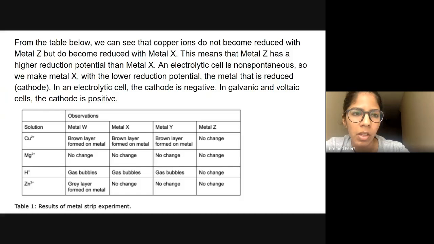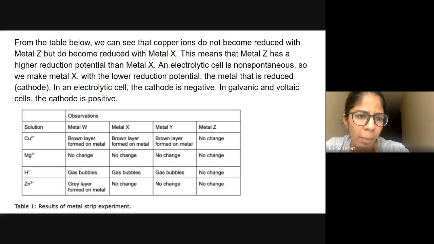The way they did this in the answer explanation was they took the two metals and compared them with one of the ions on the left. They used copper ions, the first row. When copper ions react with metal W, it forms solid copper metal, which means copper is getting reduced.